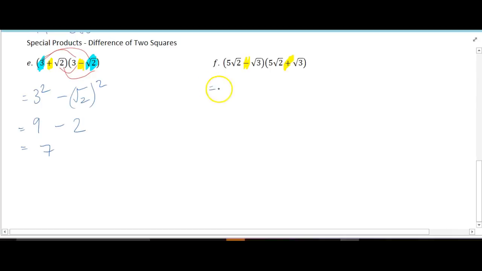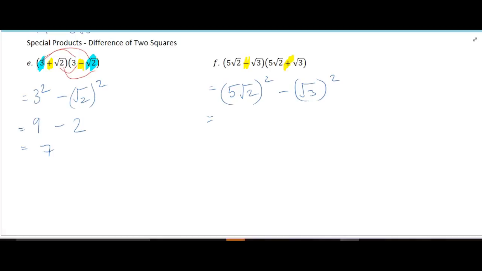We can simply go, it's 5 root 2 all squared minus root 3 all squared. This is why it's called a difference of two squares, because you've got two square numbers, a square there and a square number there, and there's a difference in between them. So it has a special way of factorizing.